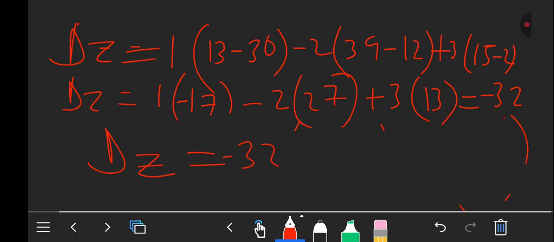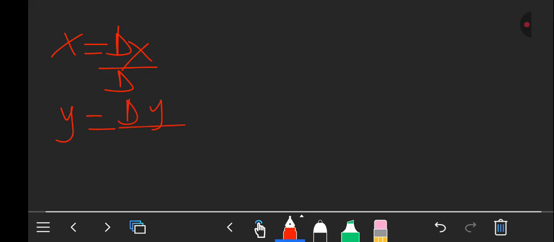Then to find the values of x, y, and z, what we do, we say x is equal to determinant of x divided by the determinant of the original matrix. Y is equal to determinant of y divided by the determinant of the original matrix. Z is equal to determinant of z divided by the determinant of the original matrix. So this will give the values of x, y, and z.